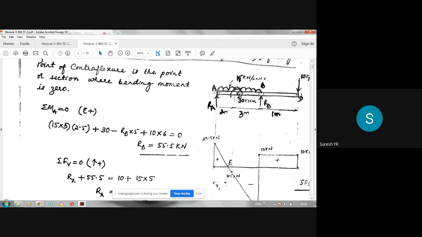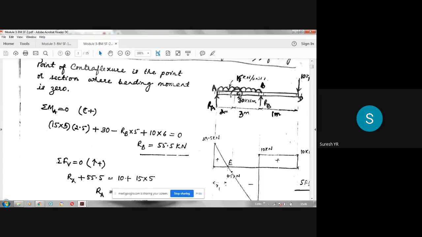So if you see to the left side at a distance x1, let us consider this E here. This distance is x1. If you see to the left side, RA is positive, but this UDL is negative. Now RA is 29.5. So 29.5 minus 15 into x1. 15 into x1 is the shear load acting over that distance.